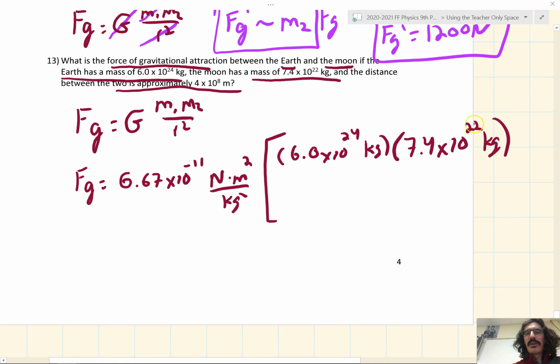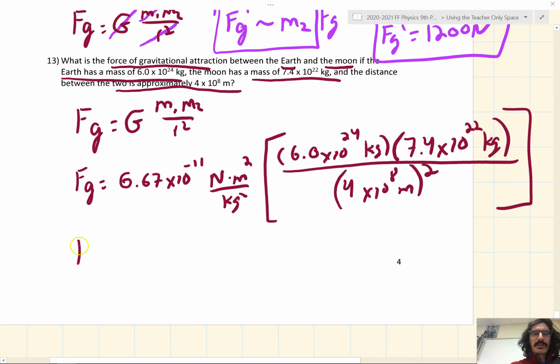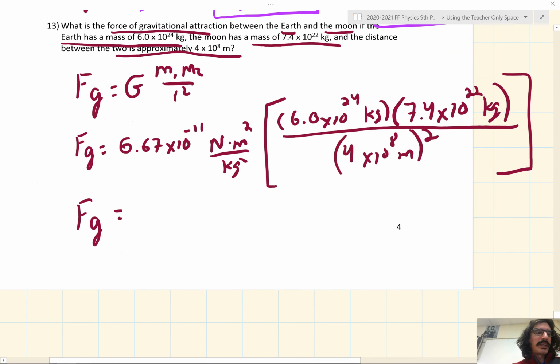These numbers can also be found on the front page of your reference table. All over the distance between the centers, 4 times 10 to the 8th meters, and we have to square that distance. Plug and chug, and we get the force of gravity between the Earth and the Moon to equal 1.85 times 10 to the 20 newtons.